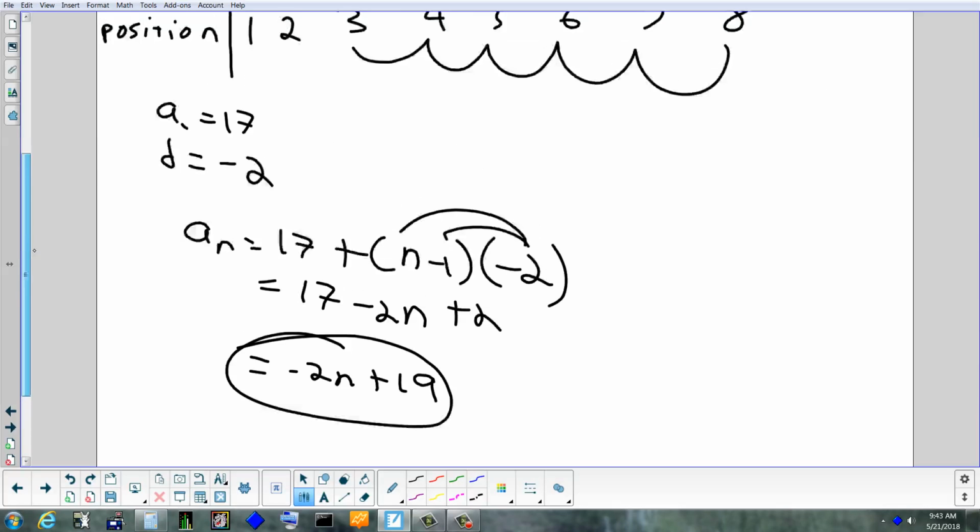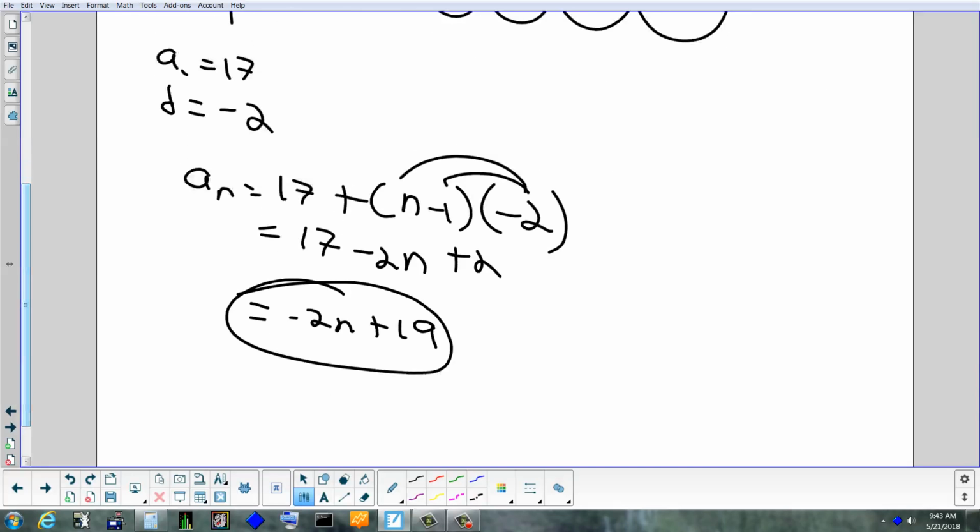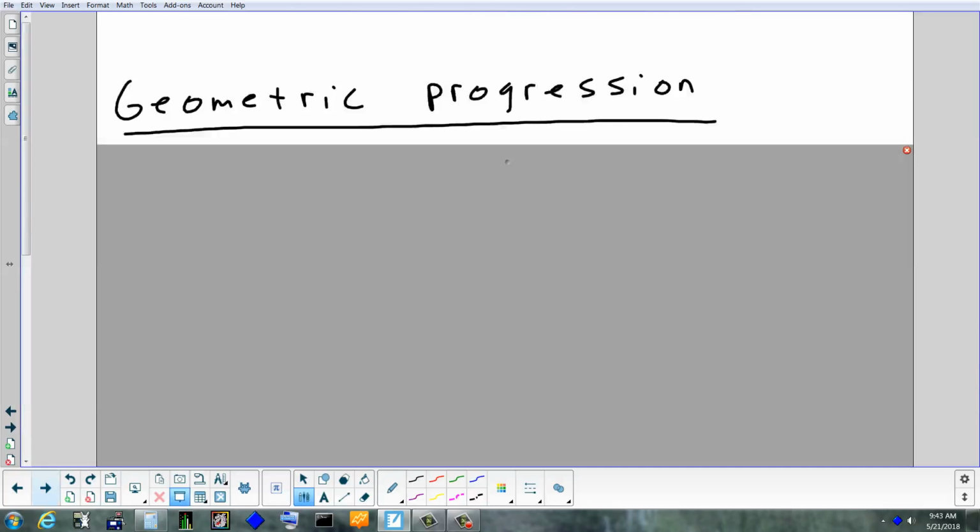Okay, so any questions on working with arithmetic sequences? Okay, so last type we're going to look at is geometric. Does anybody remember from Algebra 2 what a geometric sequence is? It either multiplies or divides.